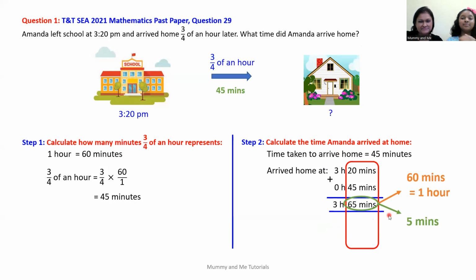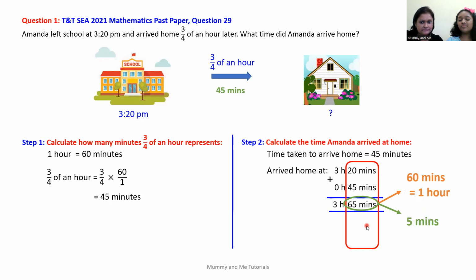65 minutes can be broken up into 60 minutes, which is equal to 1 hour, and 5 minutes. So this 5 minutes is really 5 minutes greater than 1 hour. But we're adding minutes. So what do we do?